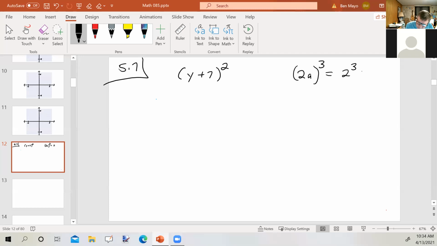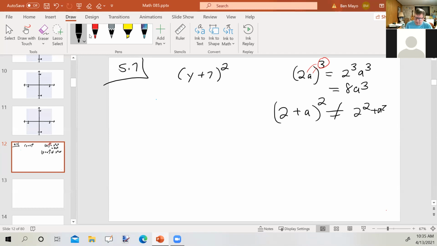We end up attaching that outside exponent to each factor inside. So ultimately we end up with 8a cubed. But let's say we have 2 plus a squared. That is not equal to 2 squared plus a squared. It doesn't work that way.